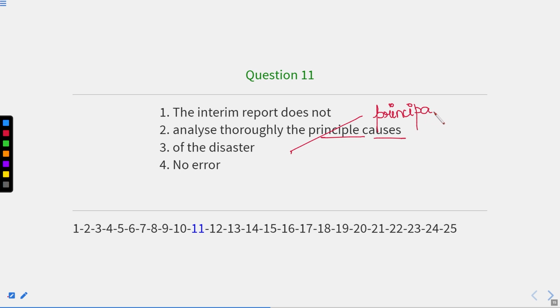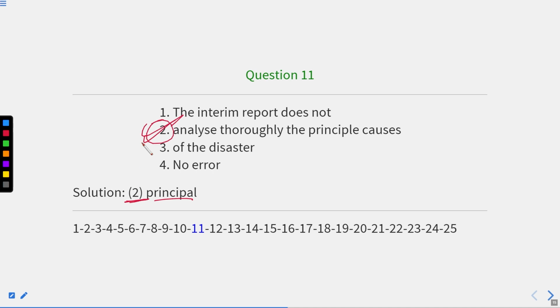Okay, so we need to write principal causes, not principle, because principle means rules and regulations. This is an adjective over here. So the second part contains the error, because principal means important and chief. Okay, so this will be the correct answer.